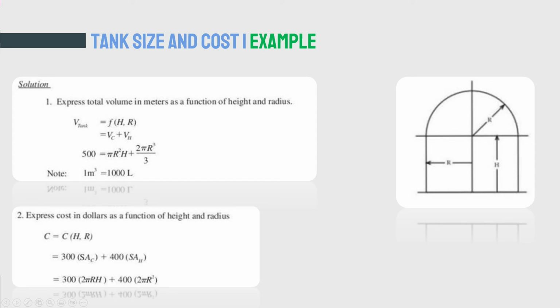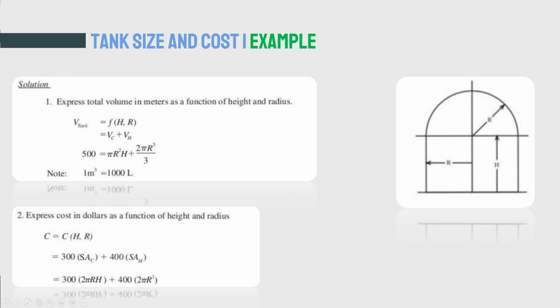Now we need to express the cost in dollars in terms of height and radius. So in this equation, radius and height are not defined. It's an equation of two factors. It's like x, y. Here, in this case, r and h. That's good. Now for the cost, I know the cost for the cylinder is 300 per meter square. For the whole cylinder, we're going to use the surface area. What's the surface area equation?